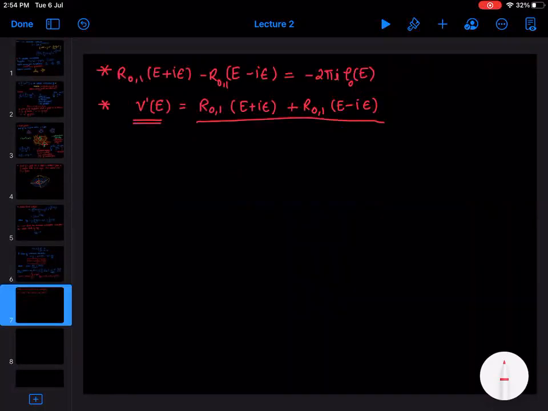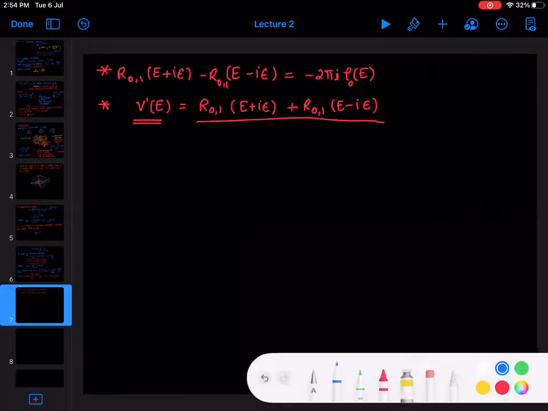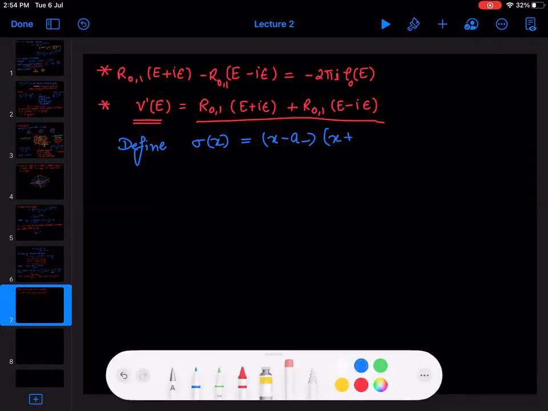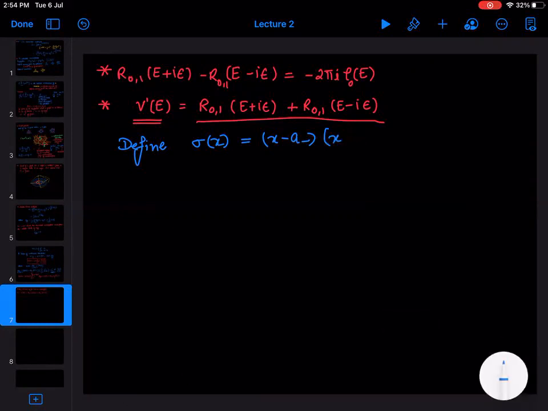Okay. So let's now calculate the expression for this function R_{0,1}, and it will just follow from its properties. First, we define this function sigma of x, which is (x minus a minus)(x minus a plus), where a minus to a plus is the support of my eigenvalue density.